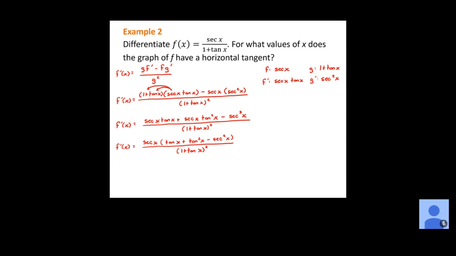All right, now, secant x is easy enough to set equal to 0, right? We can do that. But still, what's left in parentheses here, not so easy to set equal to 0 and solve. So what we want to look for now is, do we have any trig identities? And I know it might have been a little while, right? But see if you can think back to your trig identities. Do we have any substitutions we could do here that would clean this up a little bit and make it easier to solve?